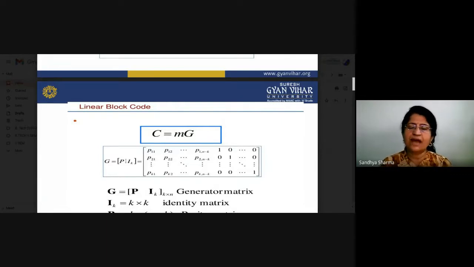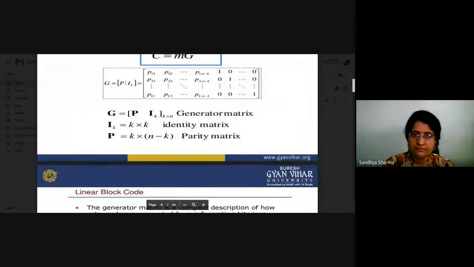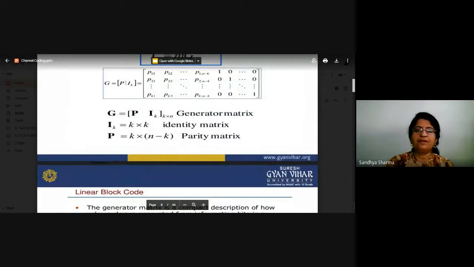Here we see Ik, the identity matrix, denoted as a k into k unit matrix. If you are talking about the 7,4 code, there are 4 data bits, so that is a 4 into 4 matrix. After that we have to add the parity bits. G is equal to [P I_k].